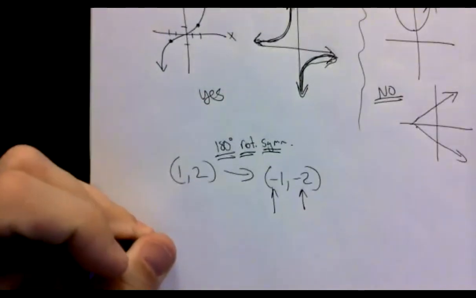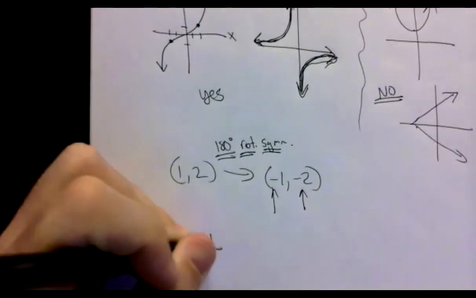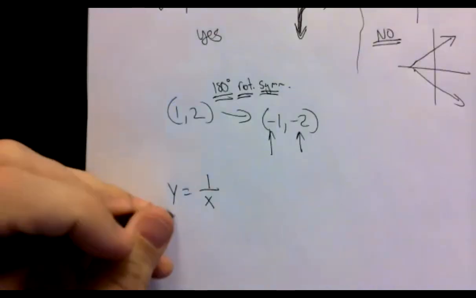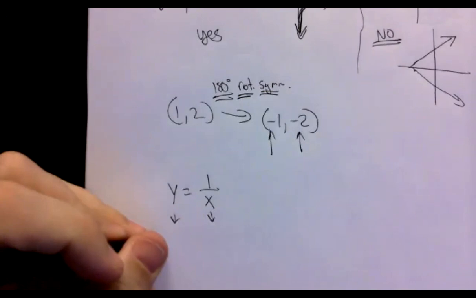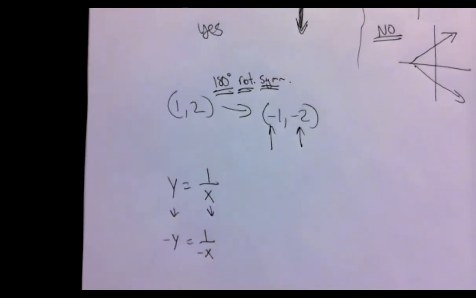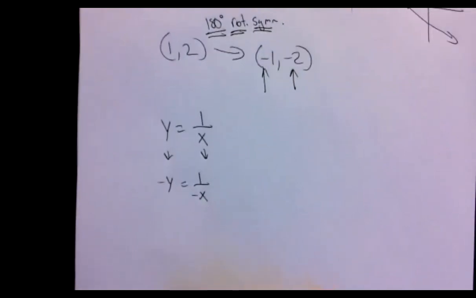And if they give you a function, you would replace both y and x with negatives and then see if that changes your function.